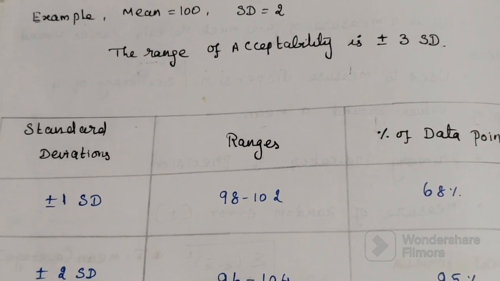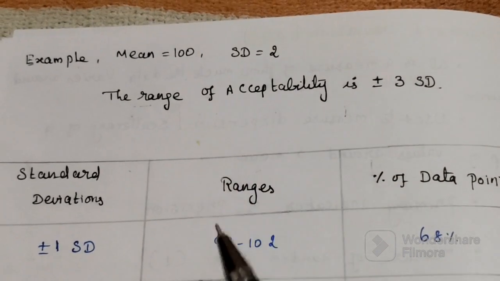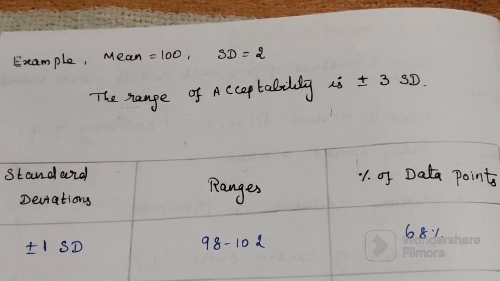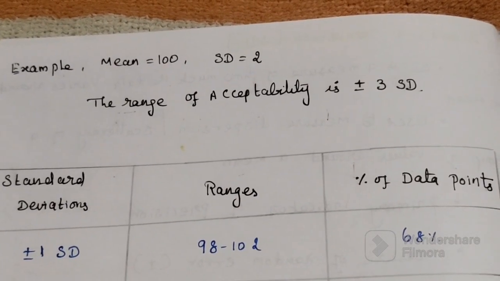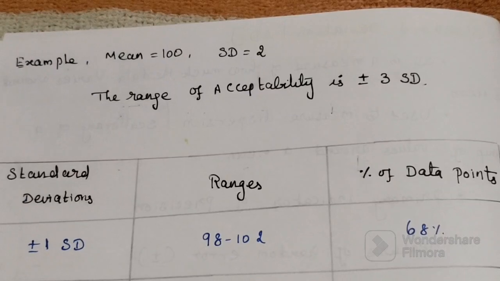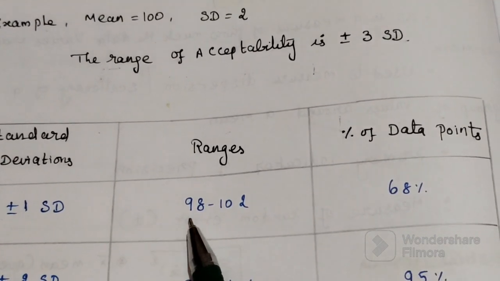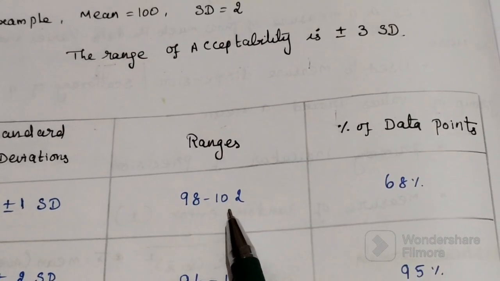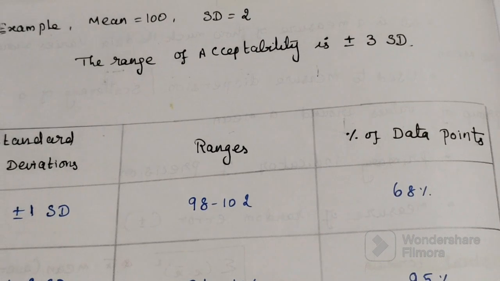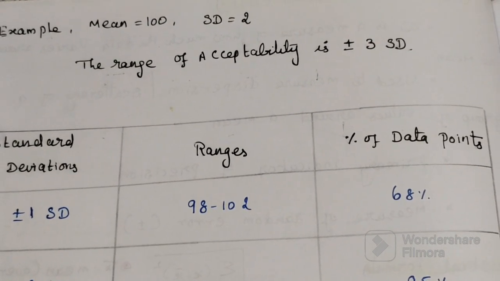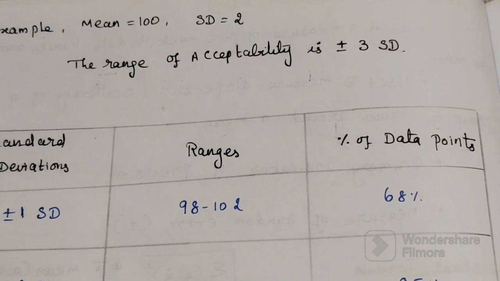We subtract 2 from 100, which is 98, and we add 2 to 100, which is 102.